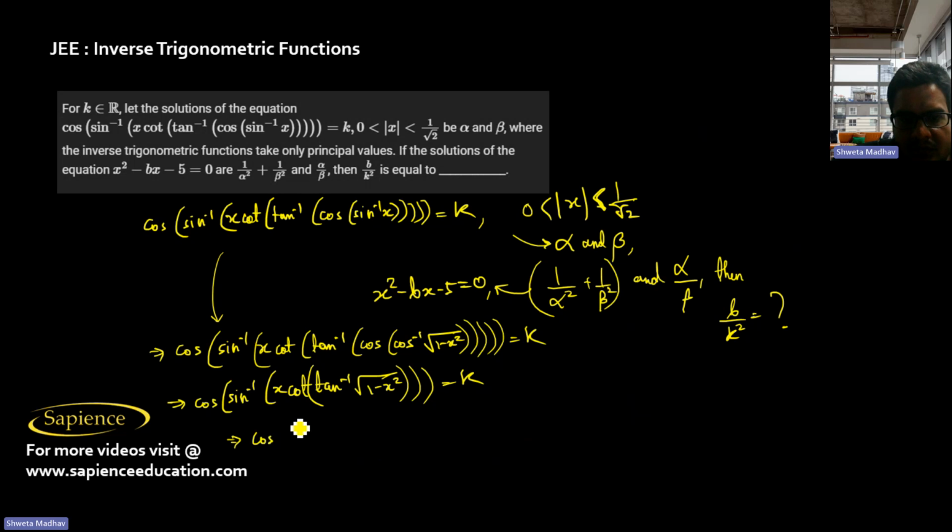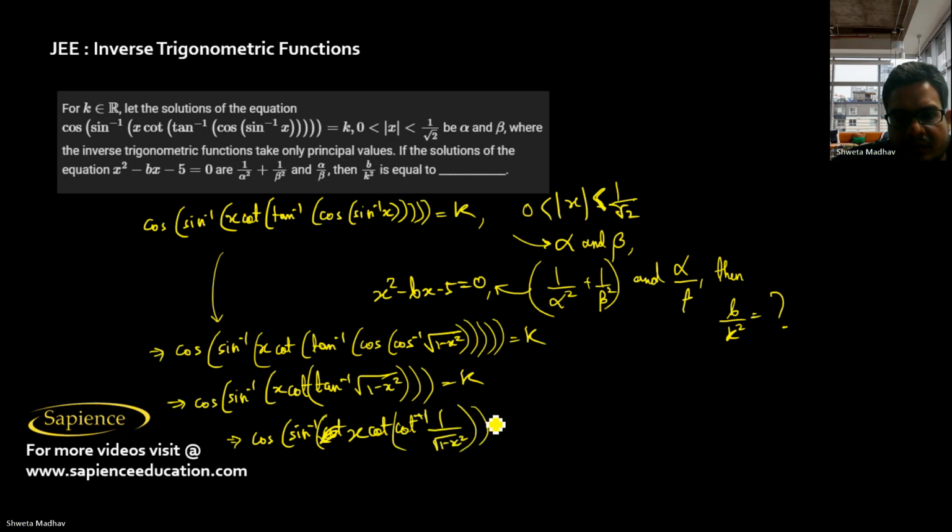This again we can write as cos of sine inverse of x times cot of cot inverse of 1 by root over 1 minus x square, equal to k. So cot of cot inverse will be this only, 1 by root over 1 minus x square. So it will be sine inverse of x by root over 1 minus x square, that is equal to k.